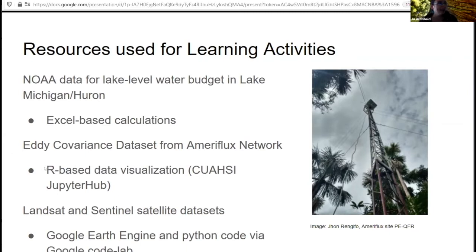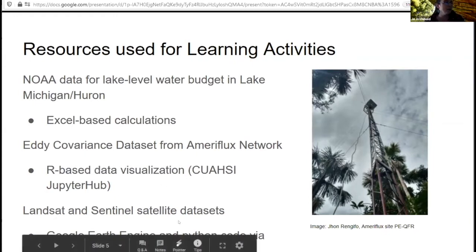That activity is based in the programming language R, and so we use the Jupyter-like HydroShare platform for that. And then finally, we are also using Landsat and Sentinel data sets for our final management learning activity.